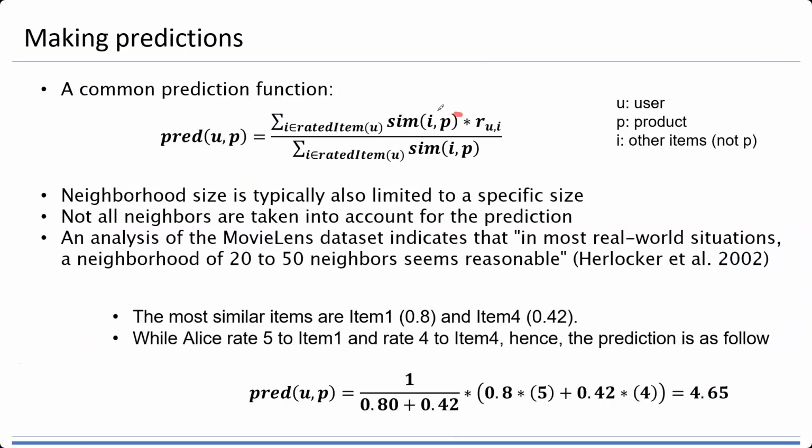We use the similarity of the particular items, the rated items by user U for the particular product, multiplied by the R_UI. U is the user, P is the product that we want to predict, and I is the rating of the items.